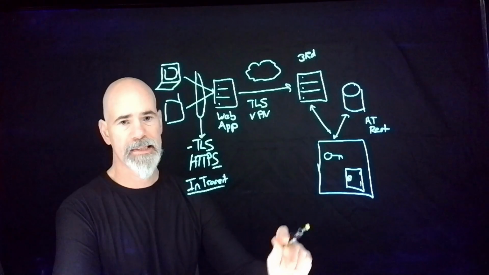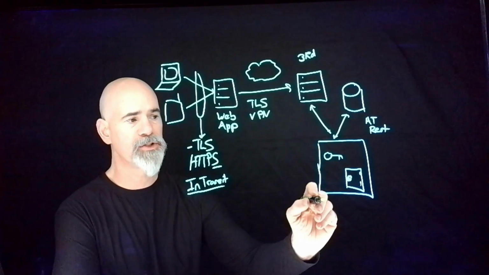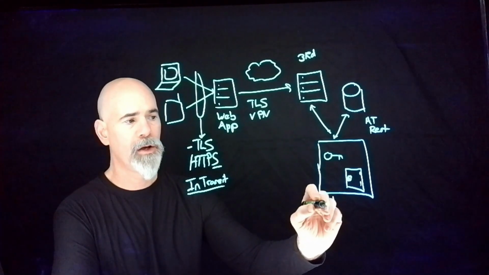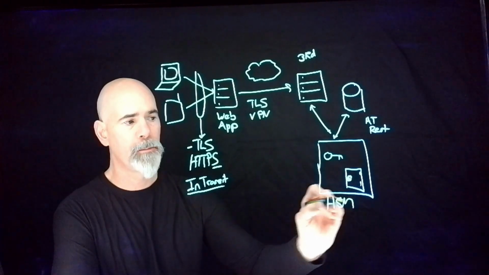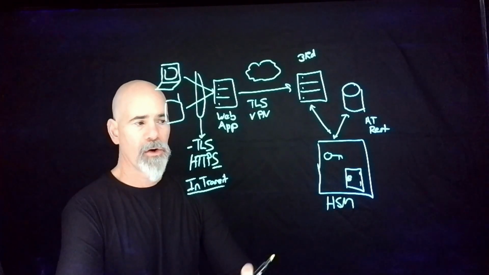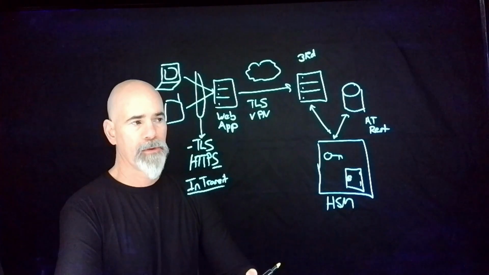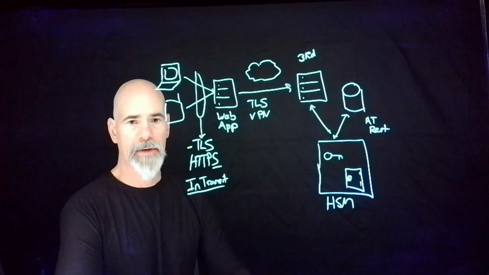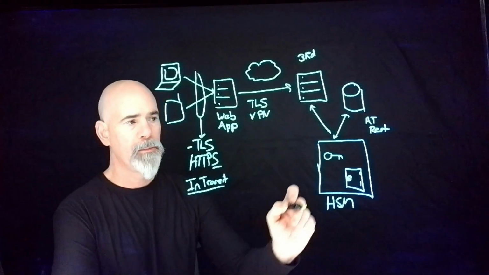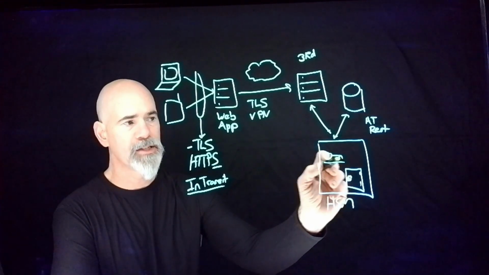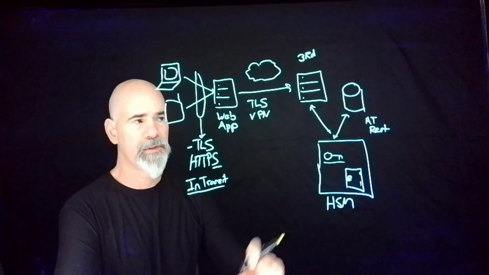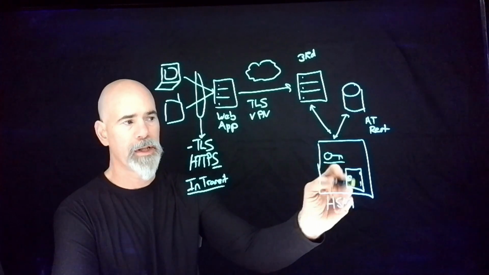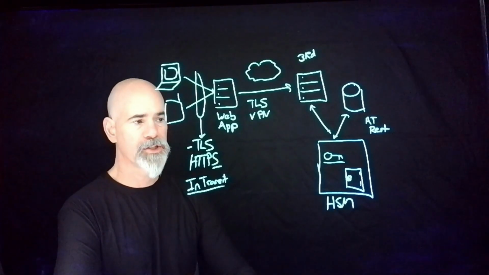Additionally, in some cases, not every case, but in some cases, you're going to want to use a hardware security module. And that hardware security module provides a little bit additional level of security. What that means is that this encryption key that is used to encrypt data at rest is stored in a vault, essentially.